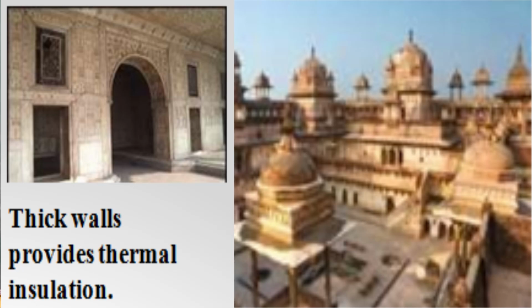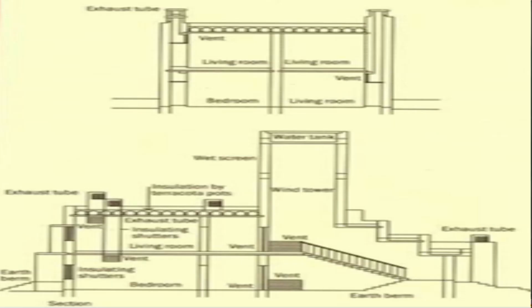So now you can see the Jodhpur hostel has installed the wind tower, where the wind tower is utilized for the passive cooling of a system, where the wind can be effectively collected at its southwest direction.